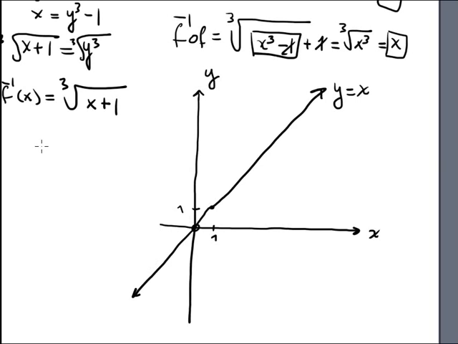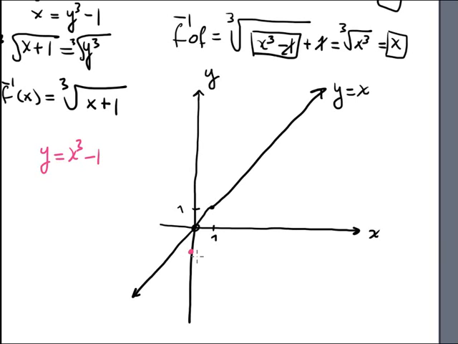And the first function, the original, is y equal x cubed minus 1. This is a typical cubic function, but you shift vertically 1 step. So it's like that.